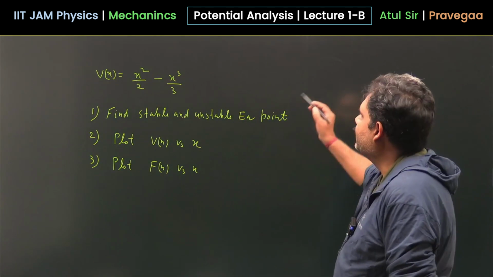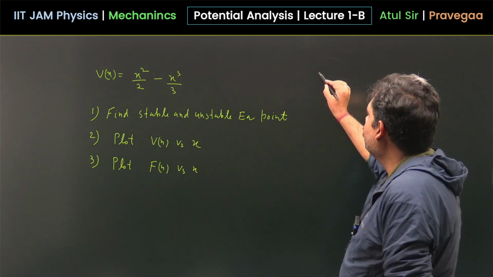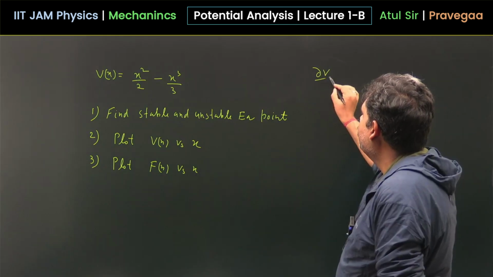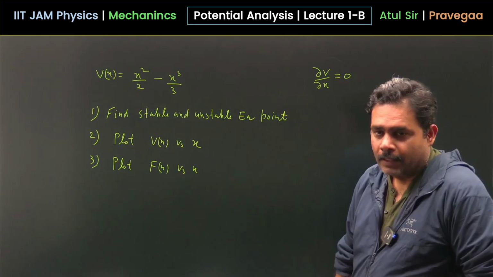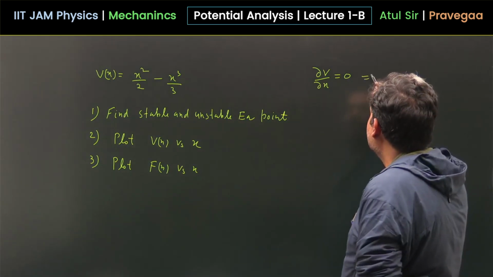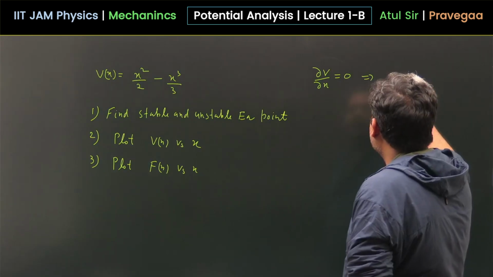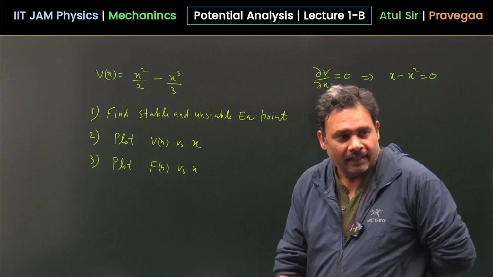So first thing is that we have to find a stable and unstable equilibrium point. So what you have to do? You have to go for del V upon del X must be equal to 0. That means we have x minus x square must be equal to 0. Yes?